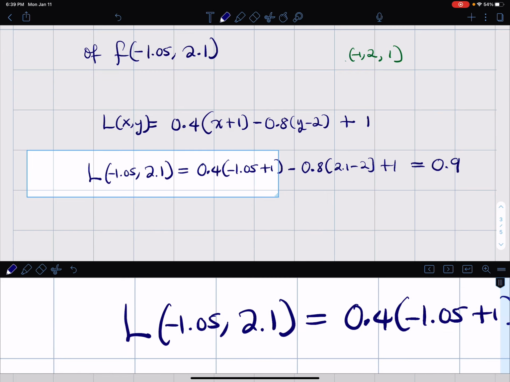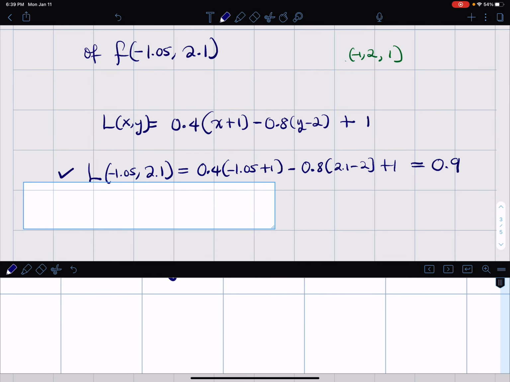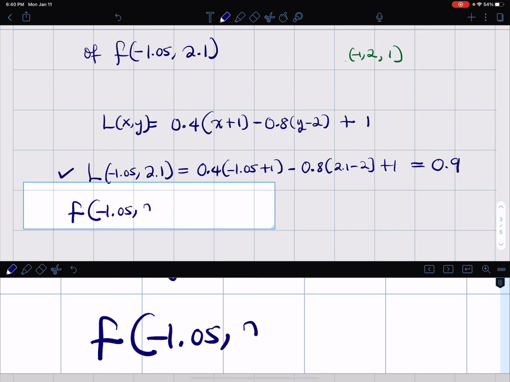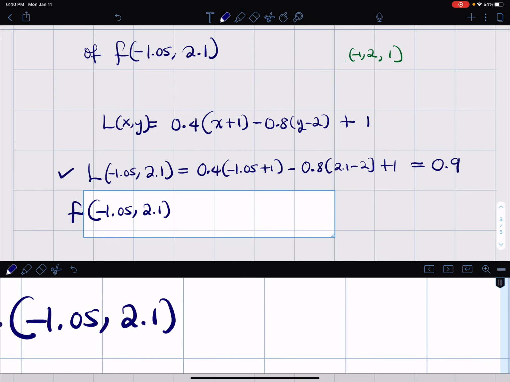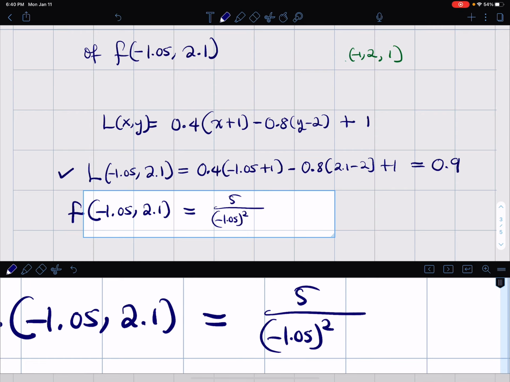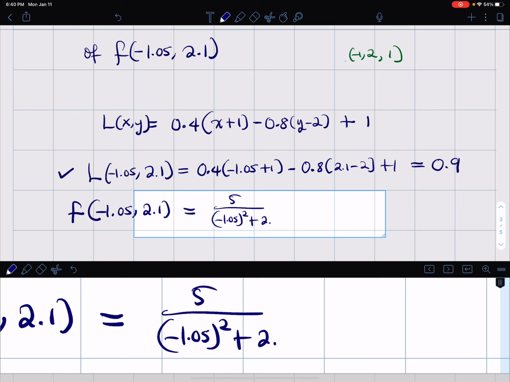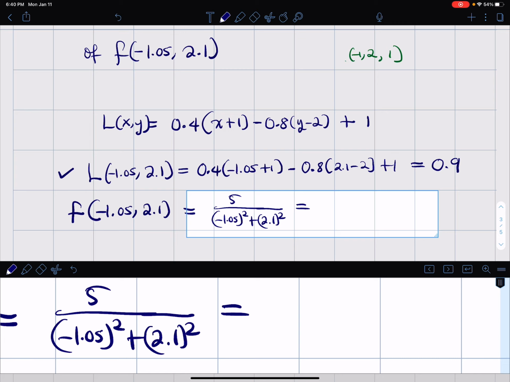So this is the first answer you're asked to find. The next thing you're asked to compute is f of -1.05, 2.1. If you do that, that's 5 over -1.05 squared plus 2.1 squared. I did this and I got 0.907.